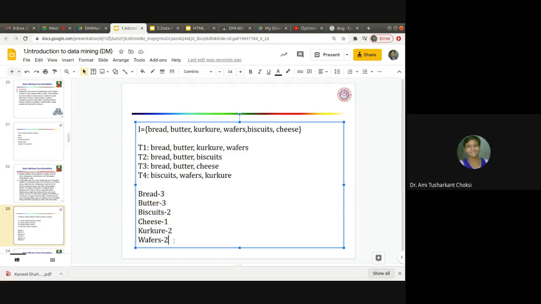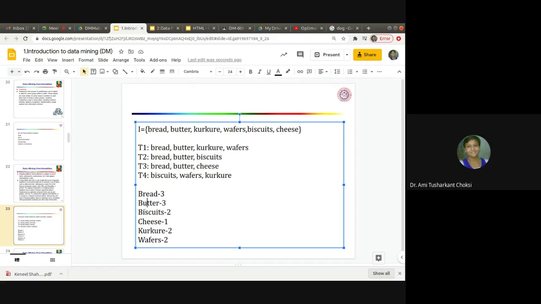So, which one is available more times? We can say bread and butter. Yes. Okay. So this is the most frequent item. That is, bread is the most frequent item. Butter is also the most frequent item.